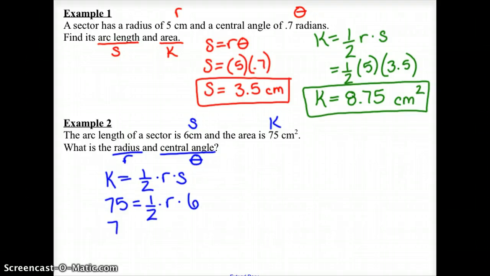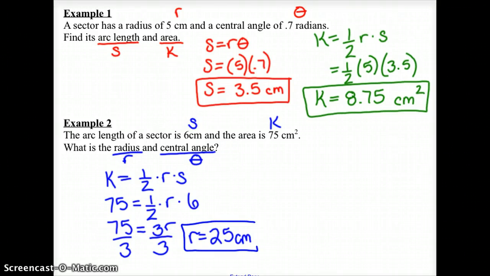If I simplify this, I know half of 6 is 3. Dividing both sides by 3, I get the radius to be 25. And radius is a length, so I'll label it with centimeters. Now that I have the radius, I can go and find theta.